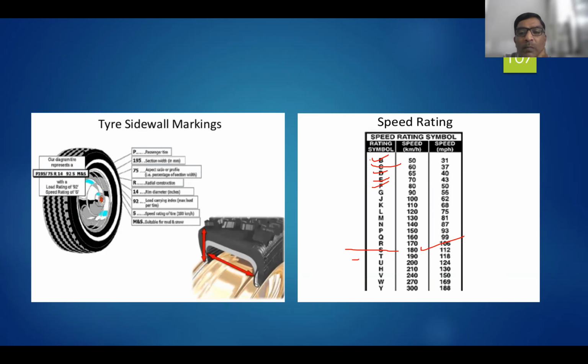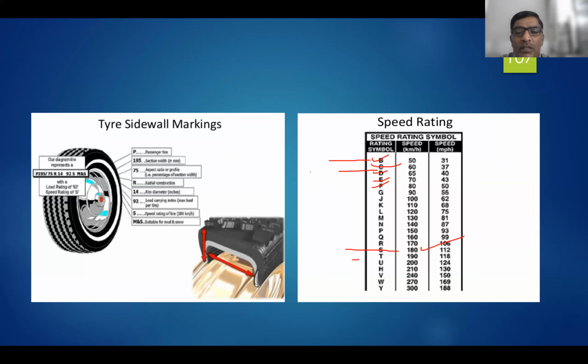If you are going to remember, for B to C there is a 10 increment, C to D 5, D to E 5, E to F 10. So if during the interview somebody asks what the speed rating is and where it is mentioned on the tire, your answer should be like this: it is mentioned on the sidewall of the tire.